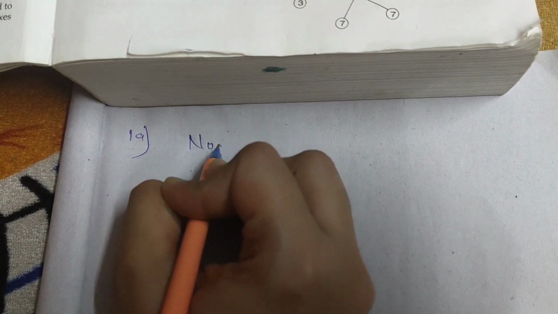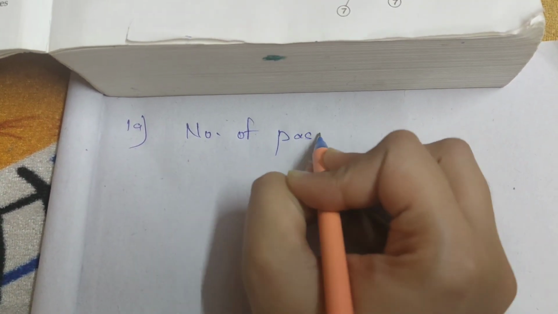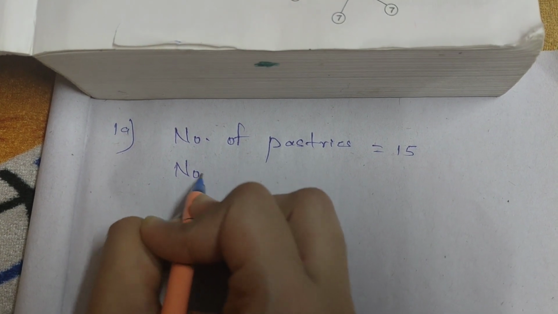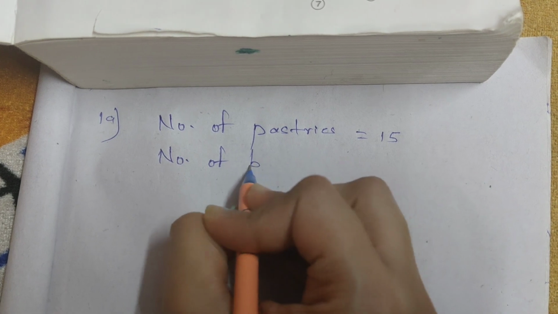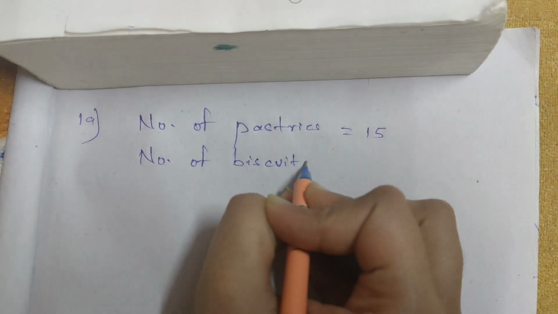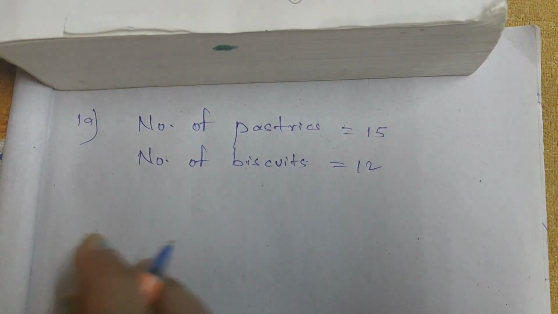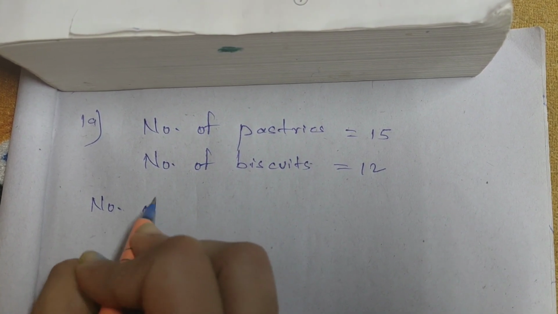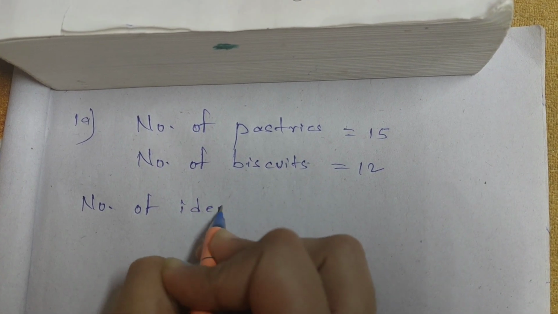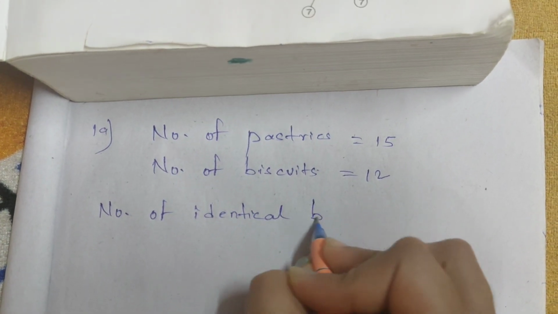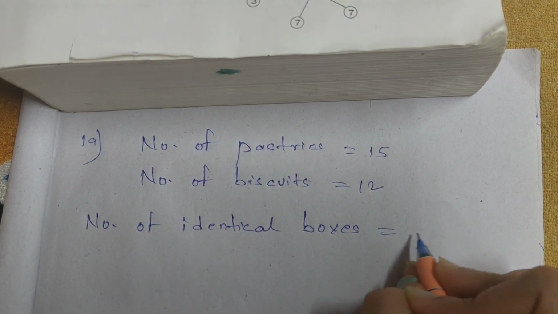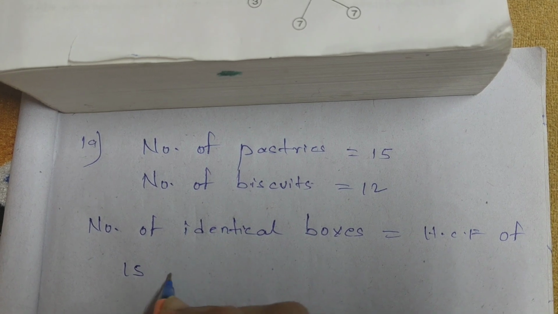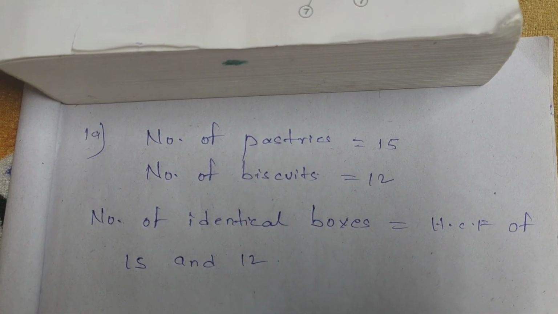So number of pastries given, 15; number of biscuits given, 12. Now number of identical boxes is equal to the HCF of 15 and 12.